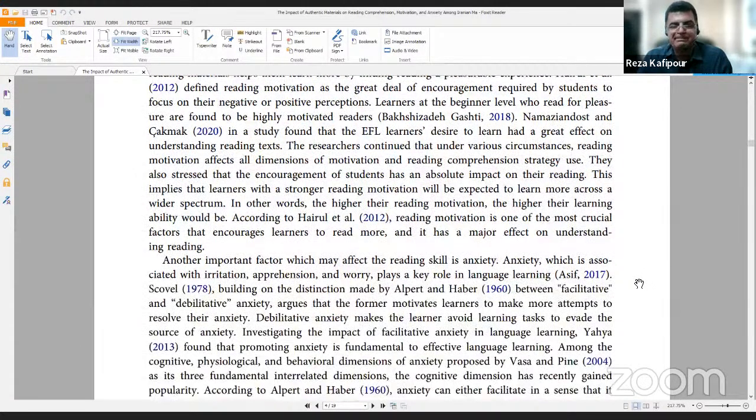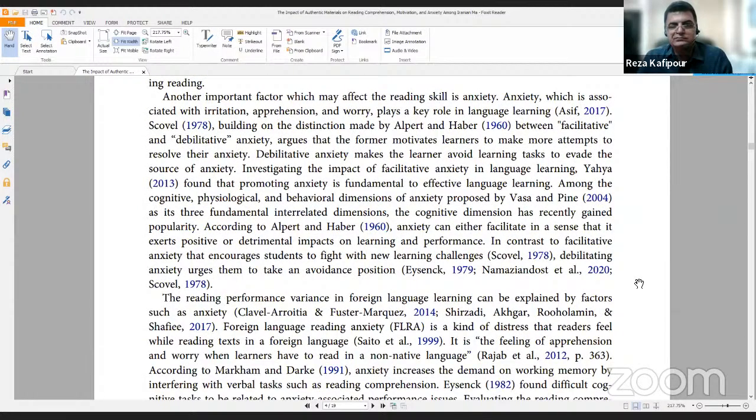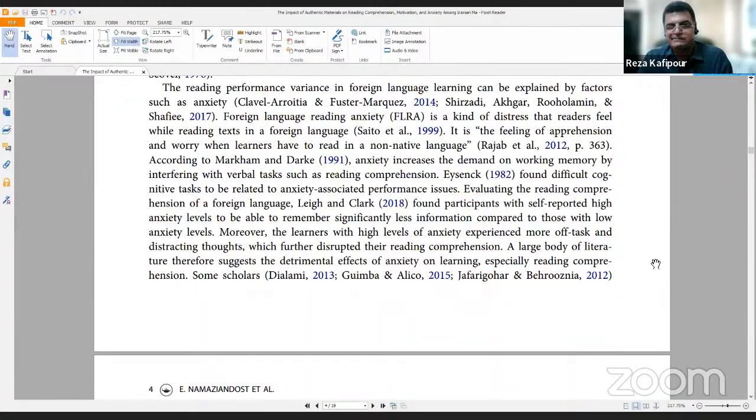Next paragraph. Next one. Next page. Next.